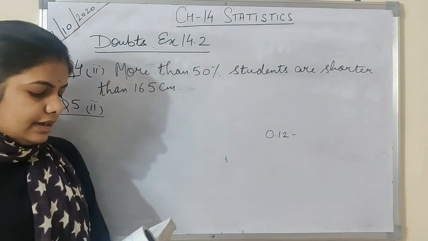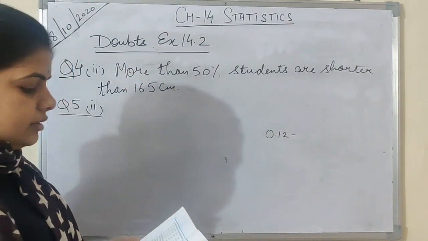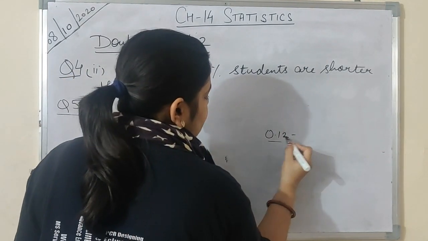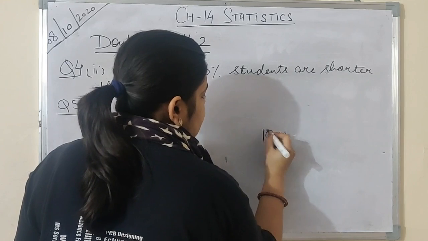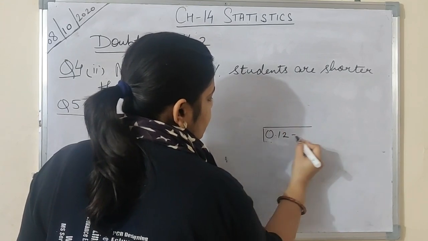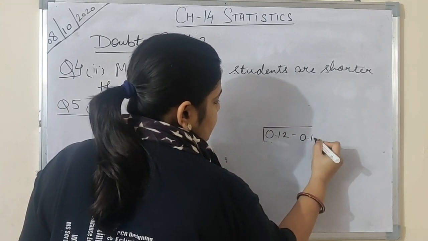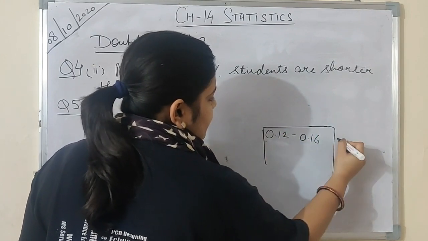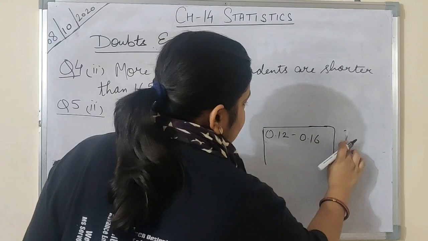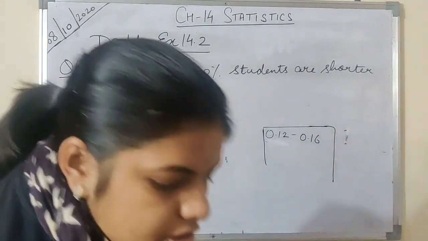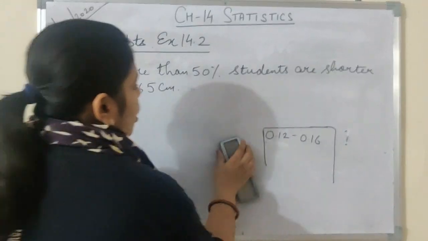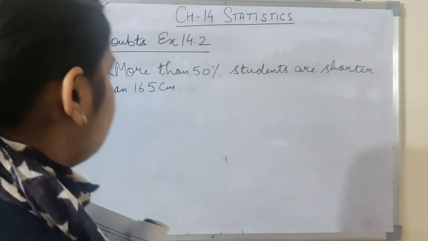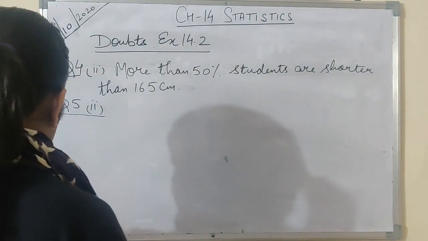I am observing that the intervals have a gap of 0.04. So you will get the answer from 0.12 to 0.16. After this, whatever data is there in the table will be the answer. So according to the question, the answer will be 8 days.